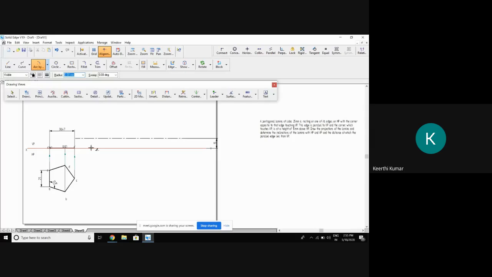Go by arc, keeping the center somewhere here, cut an arc of 38.47. If you cut an arc, you give the naming. This is called C dash. Join the line.